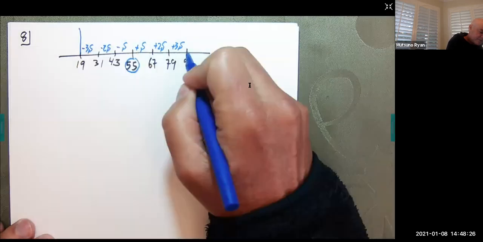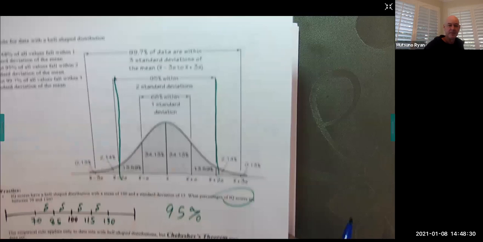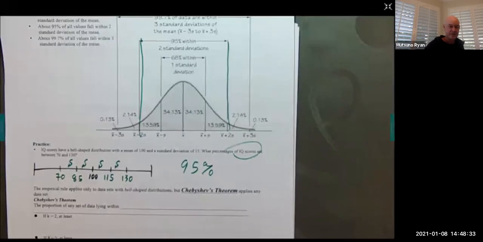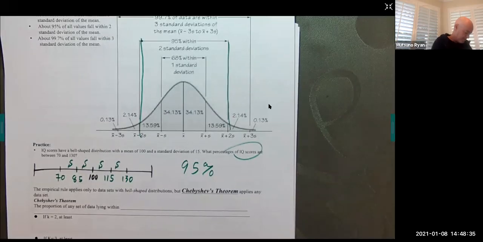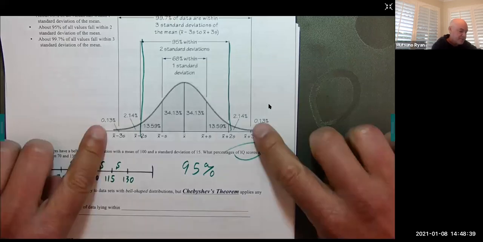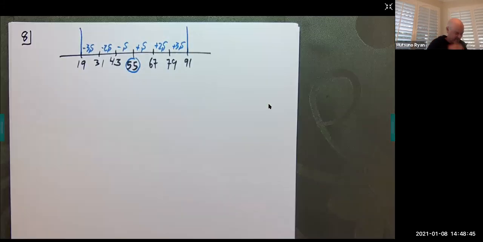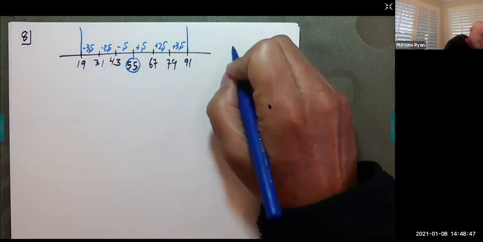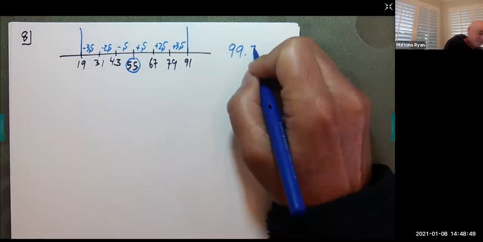And if I look back at my empirical rule, if I'm going 3 standard deviations away, I'm all the way out here. And that is capturing 99.7%. So my answer for number 8, 99.7%.